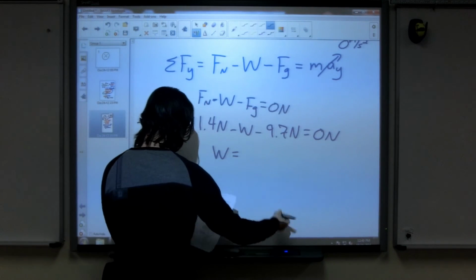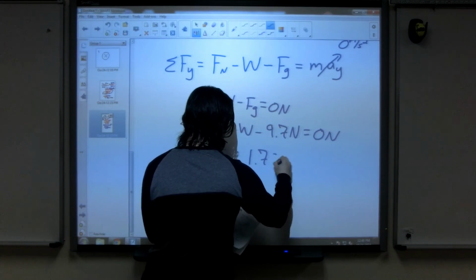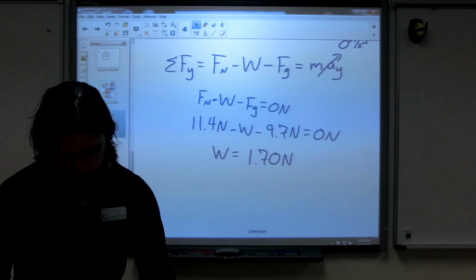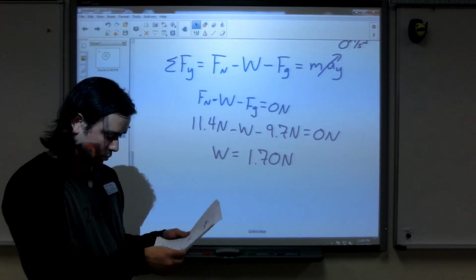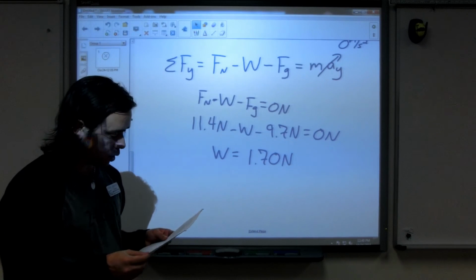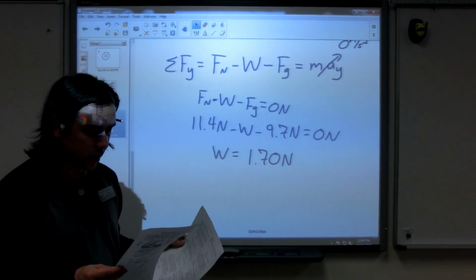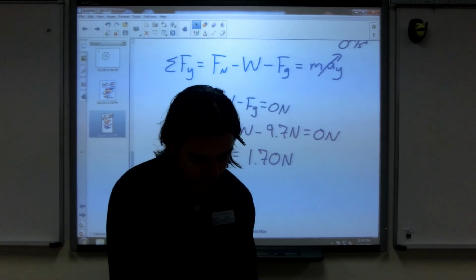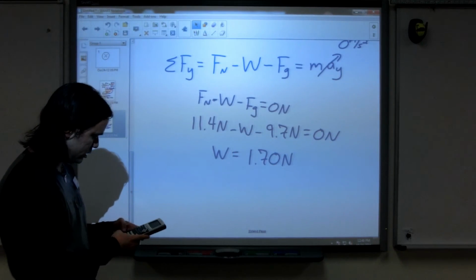We end up with about 1.70 newtons. Let me see. Survey says they've got 1.74. Hopefully that's not going to cause any issues with significant figures, but that should be how we go about doing it.